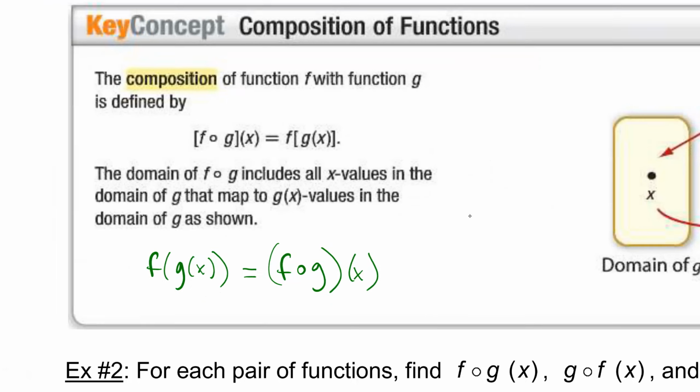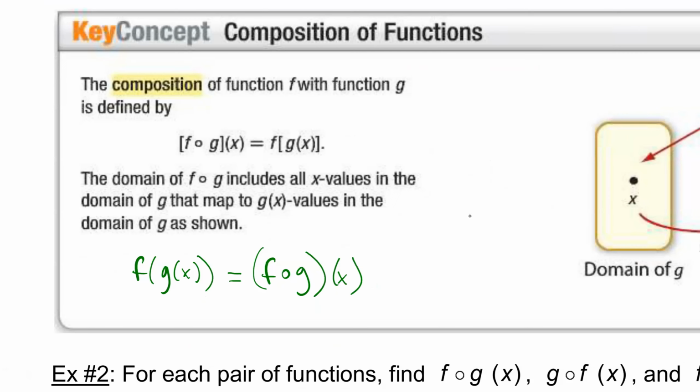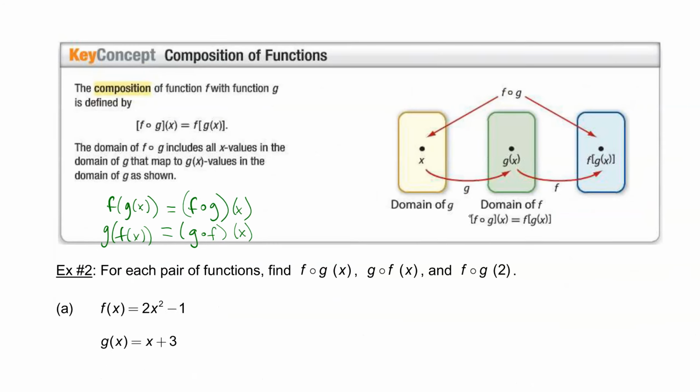Similarly, if you had g of f of x, this is where you have your Goff. Because whichever one is second is the one you're plugging into the first equation. Cool.